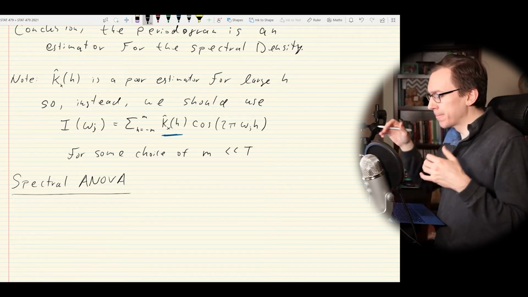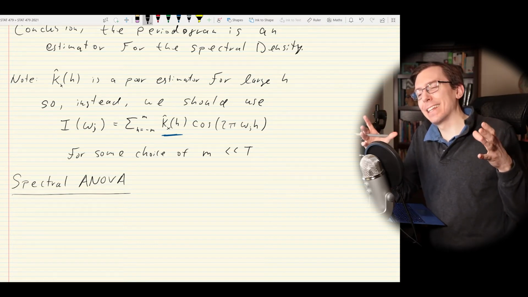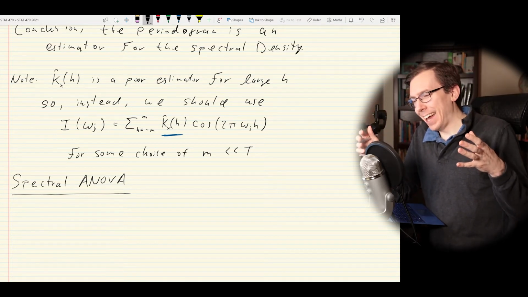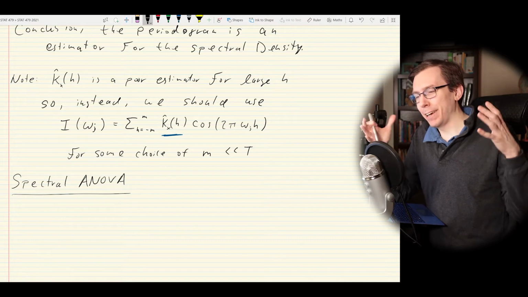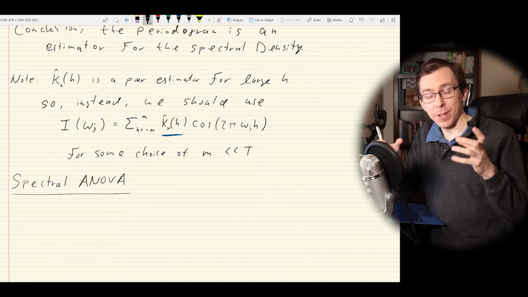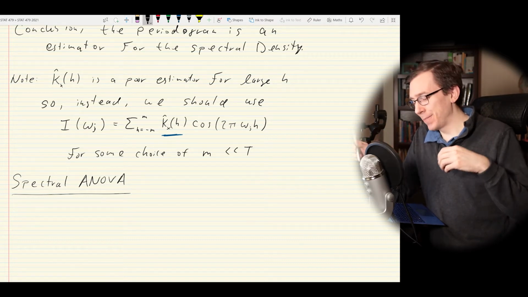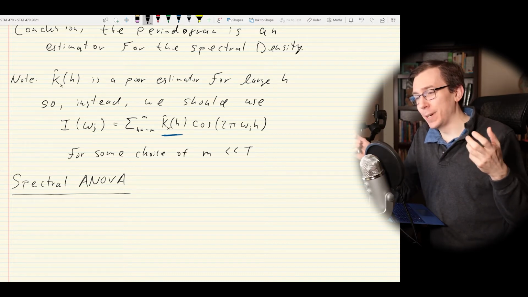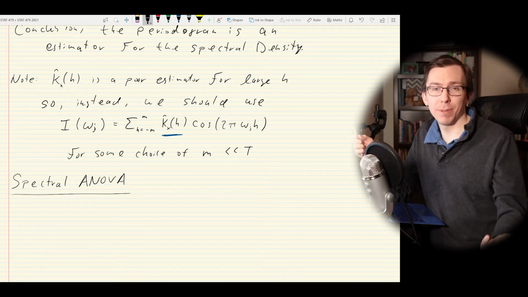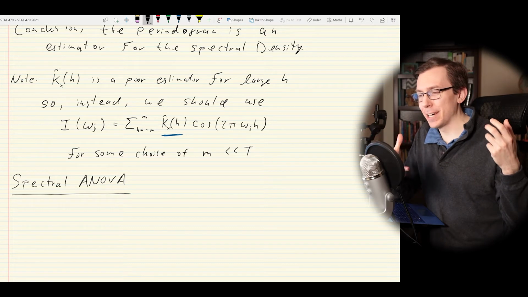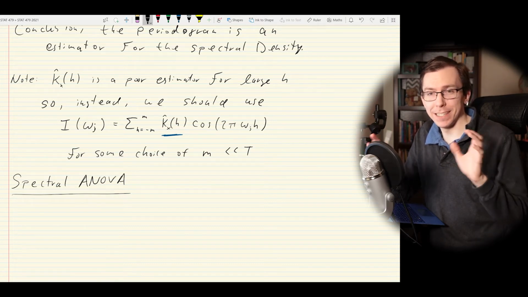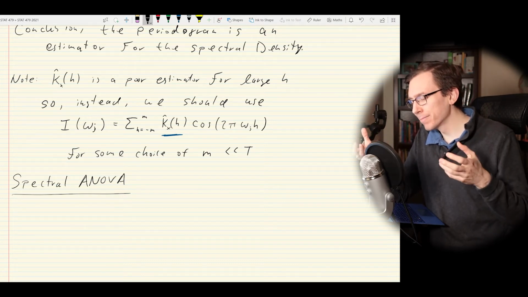Typically, when we do ANOVA, right, we're talking about the analysis of variance. And what we're doing is we're taking the variation in our data and we're breaking it into pieces. So typically in ANOVA, you would have, say, a treatment that you're applying, and you might have some errors or residuals. That would be the simplest one-way ANOVA setting.